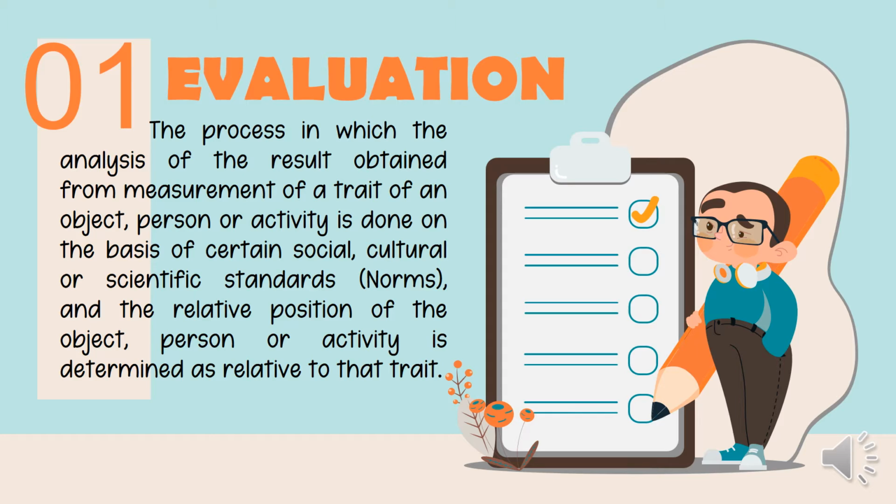Evaluation originates from the word value, and so when we evaluate, we expect our process to give information regarding the worth, the appropriateness, the goodness, the validity, or the legality of something for which a reliable measurement has been made.